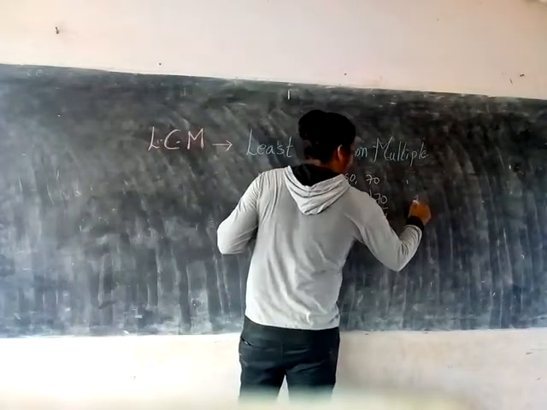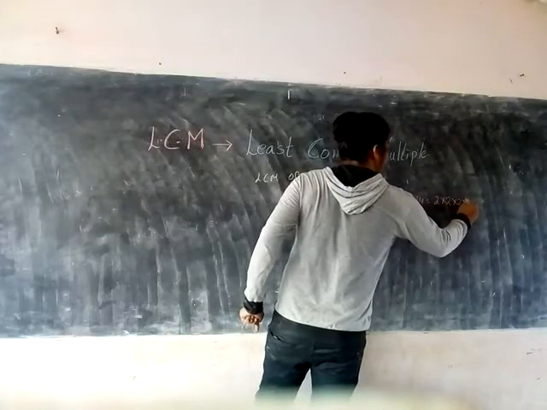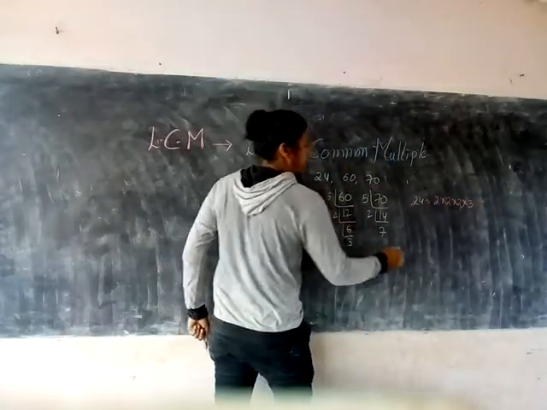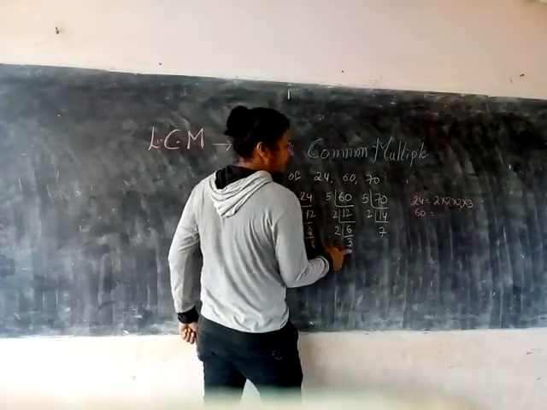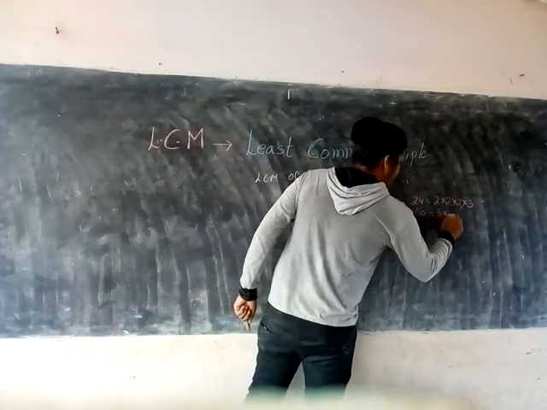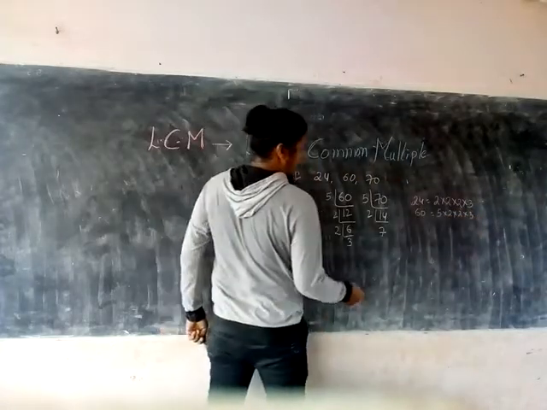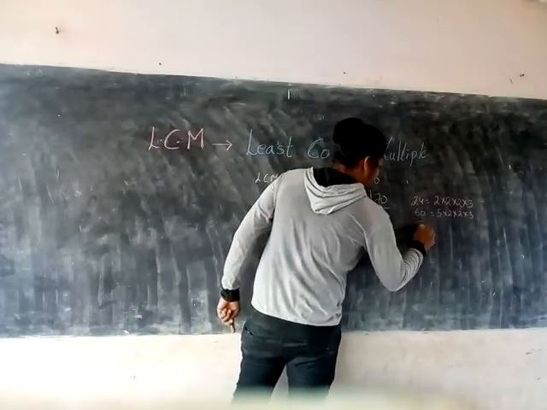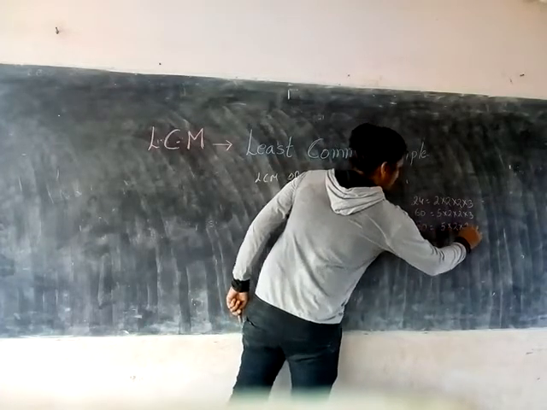Now 24 is equal to 2 into 2 into 2 into 3. 60 is 5 into 2 into 2 into 3. Next 70 is 5 into 2 into 7.